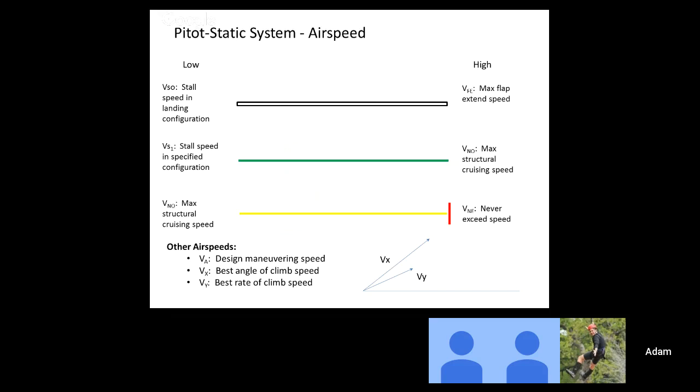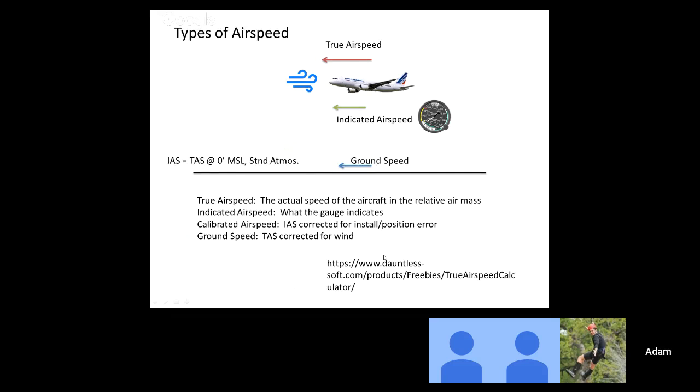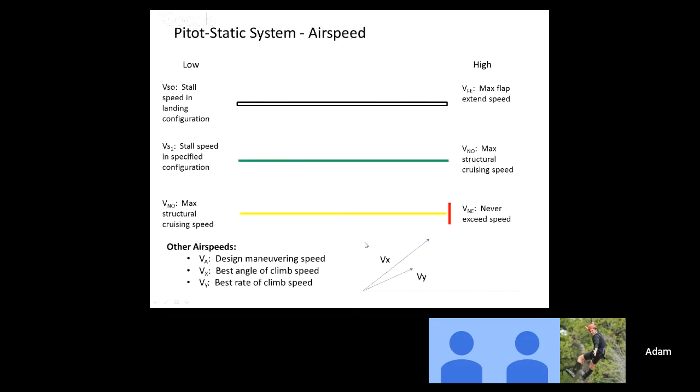It's the speeds for which your aircraft will attain a certain performance standard in a given distance or time. So best angle of climb, for example, Vx, and I'll highlight it right here. Vx is the speed for which your aircraft will climb the most altitude in a given distance.